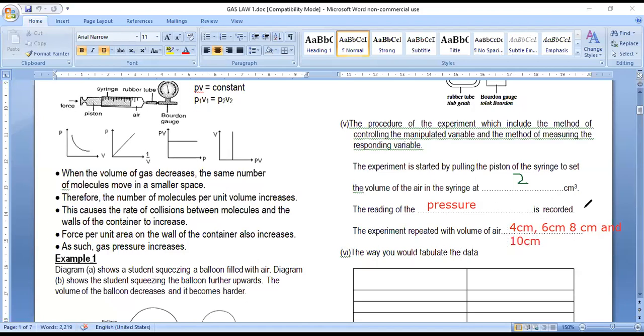Now, the way you are going to tabulate your data, in the first column you put pressure.